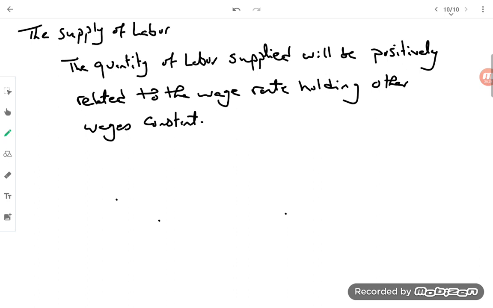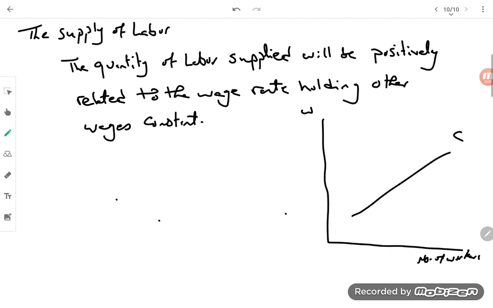So if this can be represented graphically, it will be an upward sloping curve or positively sloped supply curve. This is number of workers and wage rate, for example, and this is the supply curve.